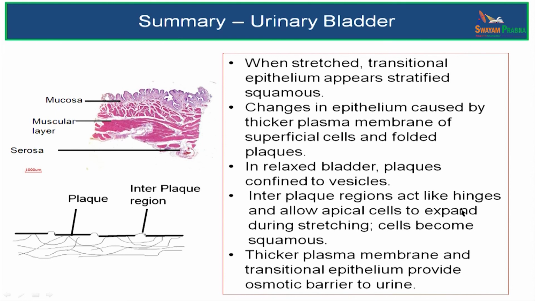Interplaque regions act as hinges that allow the apical cells to expand during stretching. So, when the bladder wall is stretched, the cells become squamous. Please note that the thicker plasma membrane in transitional epithelium provides an osmotic barrier to urine, and hence this epithelium is called waterproof epithelium.